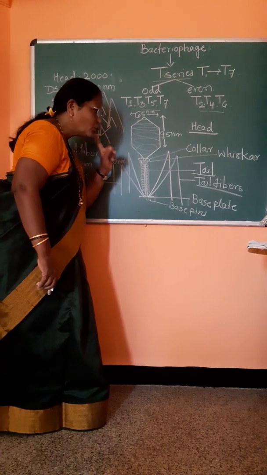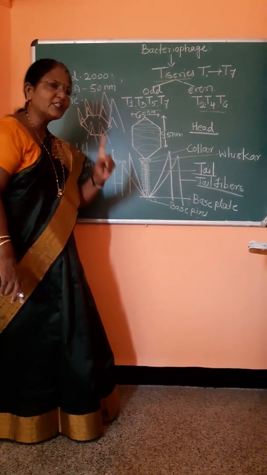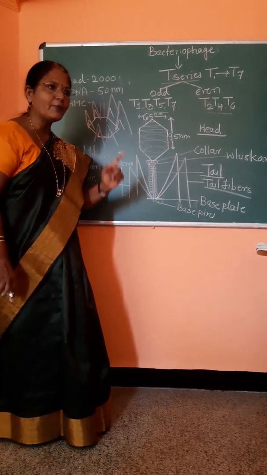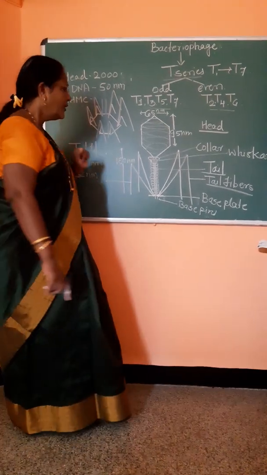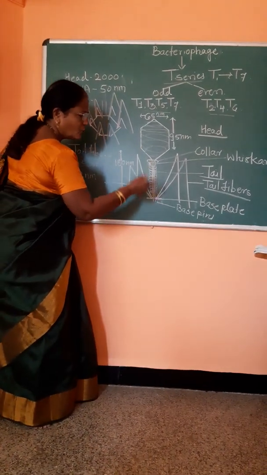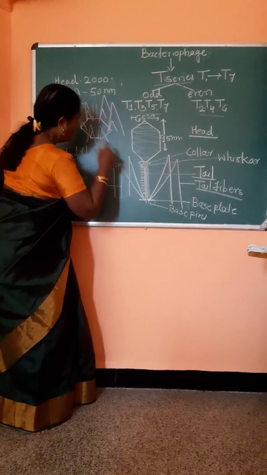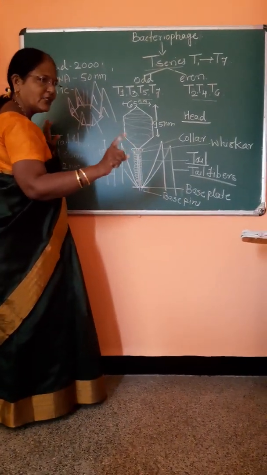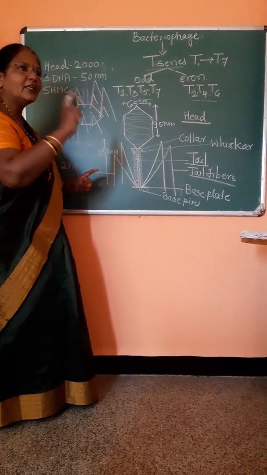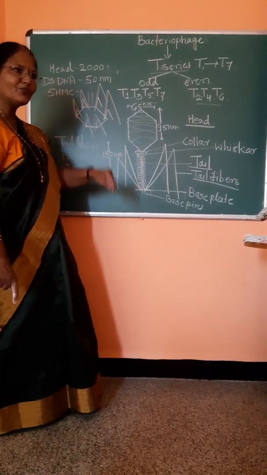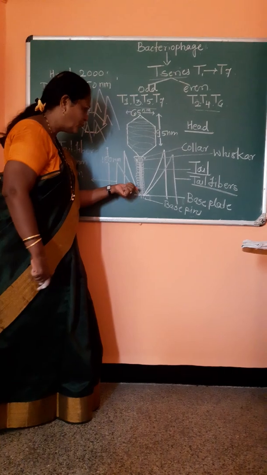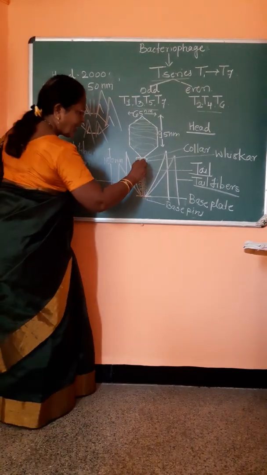I will explain the mechanism, how it plays an important role during the adsorption and penetration of genetic material in reproduction. But for now, keep in mind this is a sheathed tail made from 144 proteins, accommodated in 24 rings. Each ring is made from 6 identical proteins or 6 identical units.